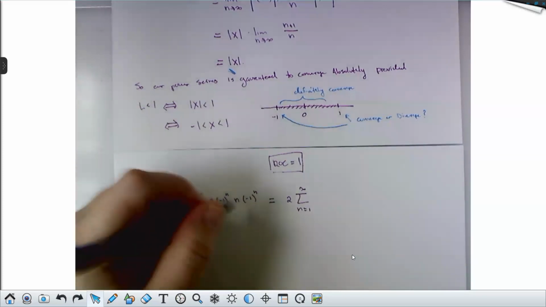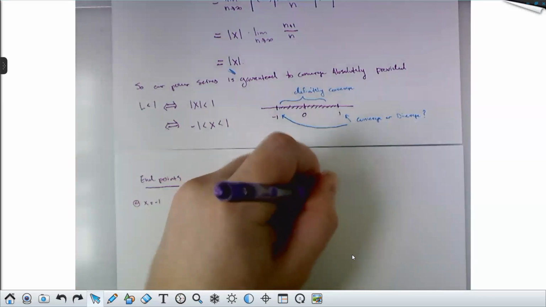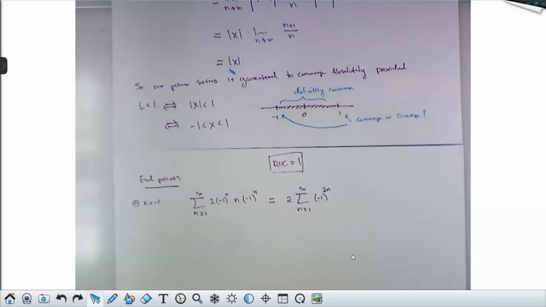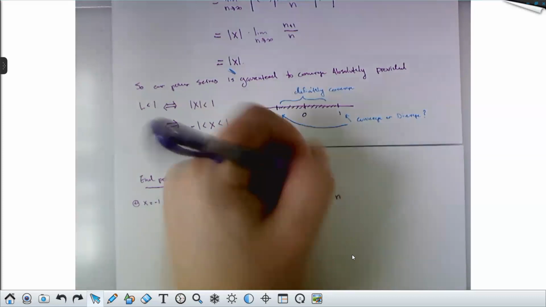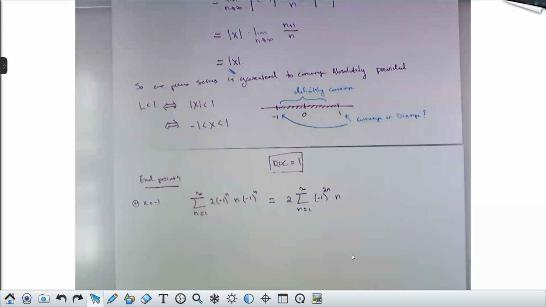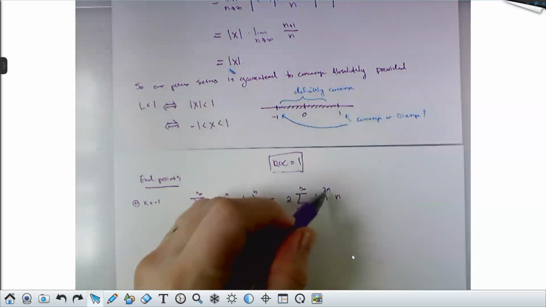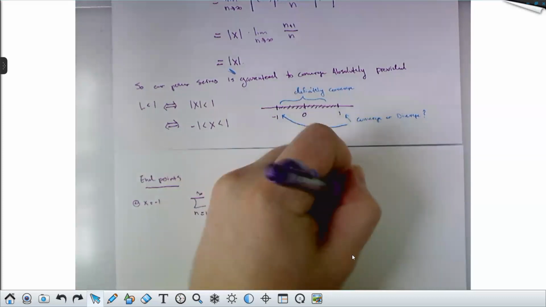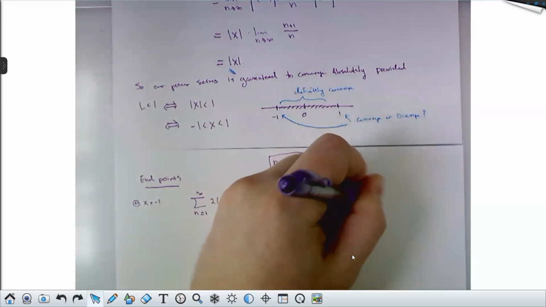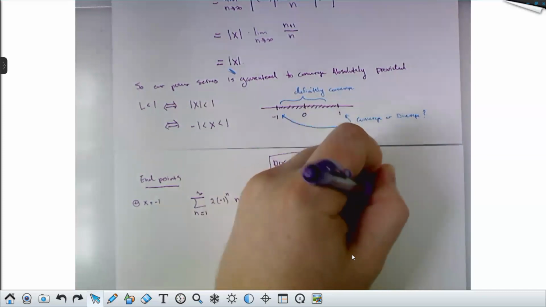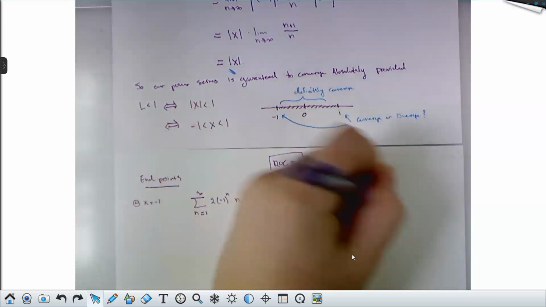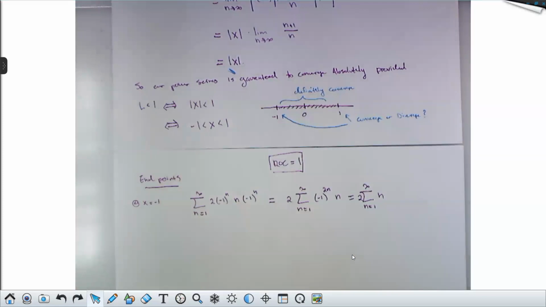You get -1 to the n times -1 to the n, which is -1 to the 2n times n. -1 to the 2n, an even power of -1 is just 1. So this is 2 times sigma n from 1 to infinity of n. Does this series converge or diverge?